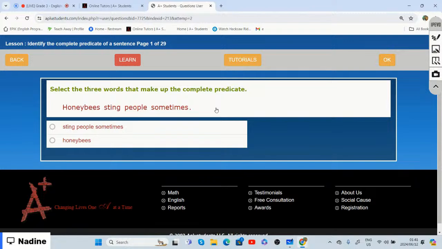So we can say honeybees, they sting people sometimes. And the action, the verb within that sentence, is sting. But now they say we must select three words, which means that it's going to be sting people sometimes.